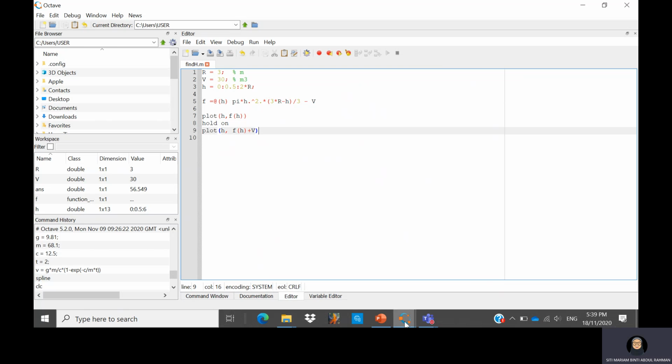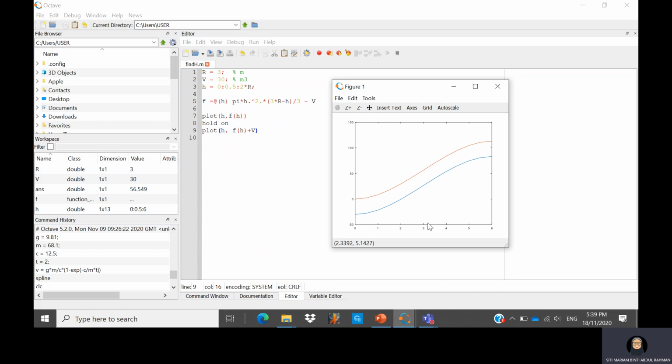Plot it. I will get two graphs. One will cross the x-axis, and the other one, this is the original plot, and this one is already subtracted by 30. So you will see that here, the value of 30 already crosses the x-axis. If you want to look even closer, you can turn on the grid.